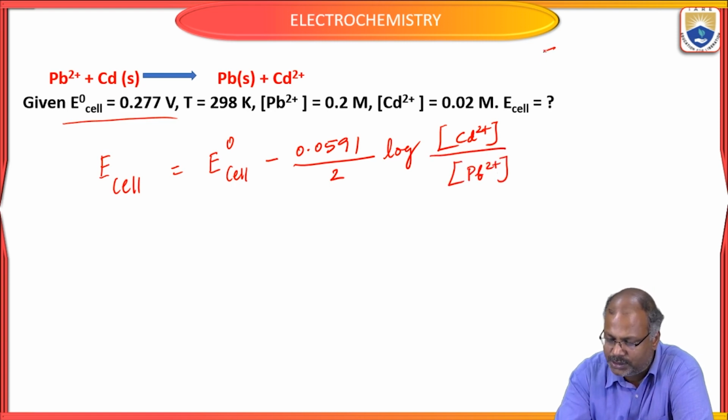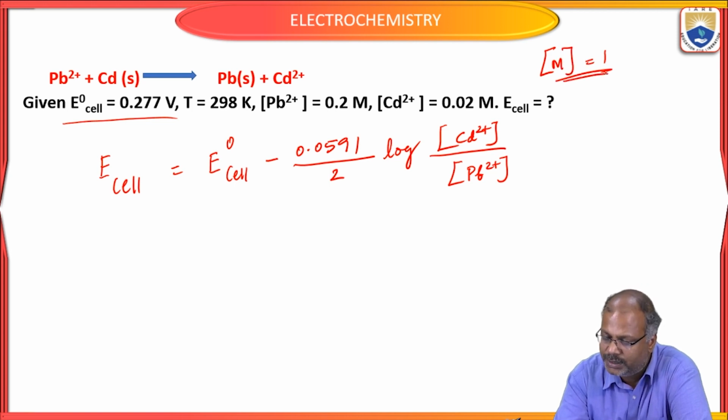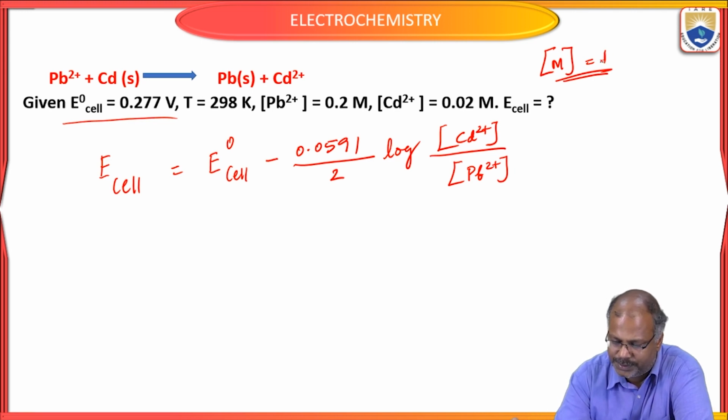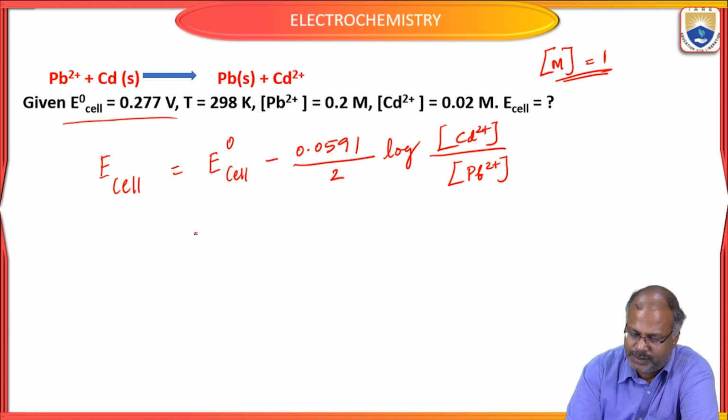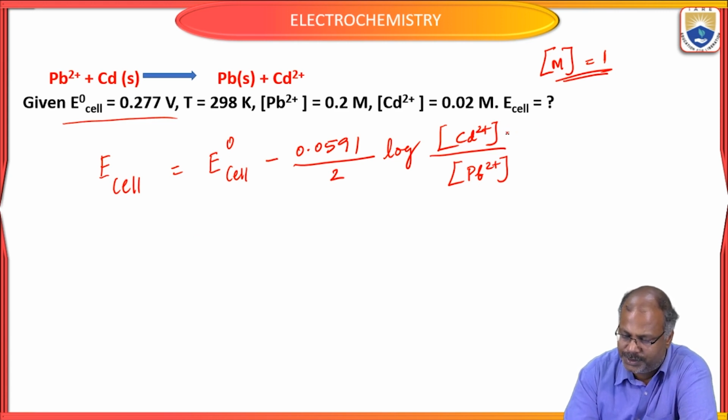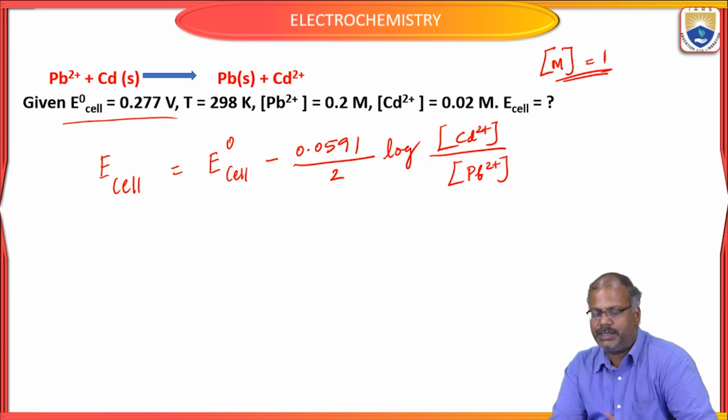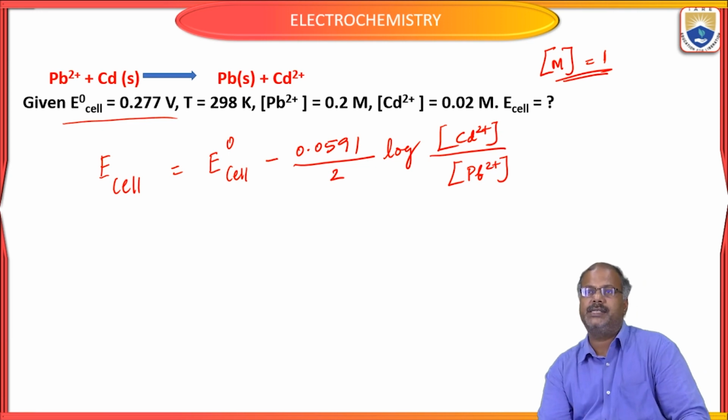So we know that the concentration of metal is equal to 1. So we will take it as unity. It's more or less the same whether you take it or not, it's 1. So whether you multiply by 1 or not, it is the same. So the concentration of metal we considered as unity.